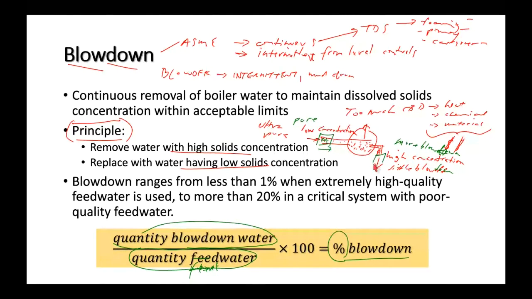And we can put a meter here on the blowdown. And if we know how much is being blown down, we divide that by the amount of feed water, and that gives us our percentage blowdown. Problem is, we usually never have a meter there. So we'll have to find some other way to determine percent blowdown, and there are other ways we can do that.